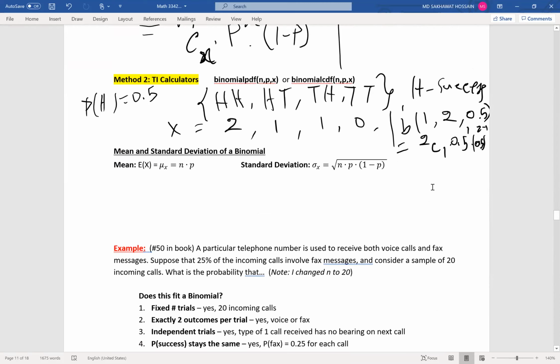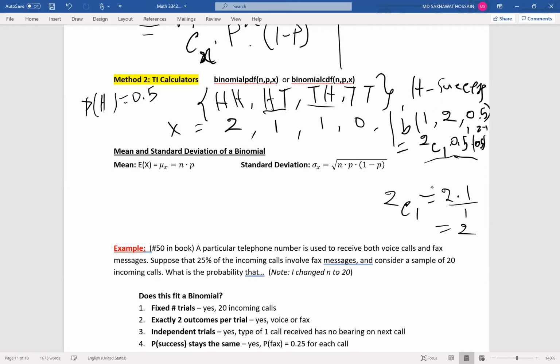So what does this 2C1 mean? How many ways can we get one head here? We can get one head in 2 ways. 2C1 means 2 times 1 divided by 1, that's just 2, or you can use a calculator to get this number. So this is saying that you can get one head in 2 ways.